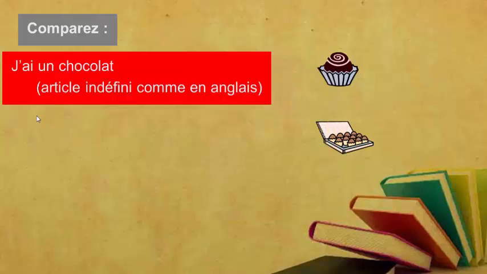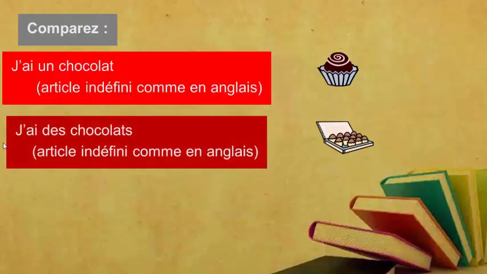And here you have a lot, so you're going to say j'ai des chocolats, because you have many. Article indéfini comme en anglais. So if you want to translate the first one, I have one chocolate or one piece of chocolate. J'ai des chocolats. I have some chocolates.